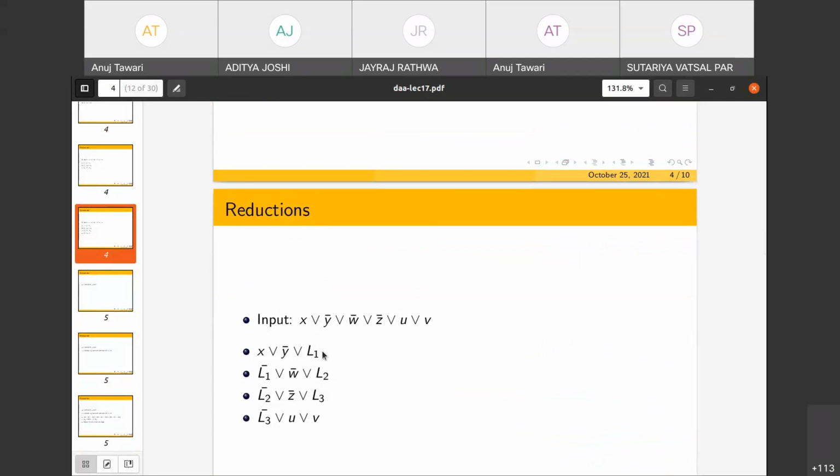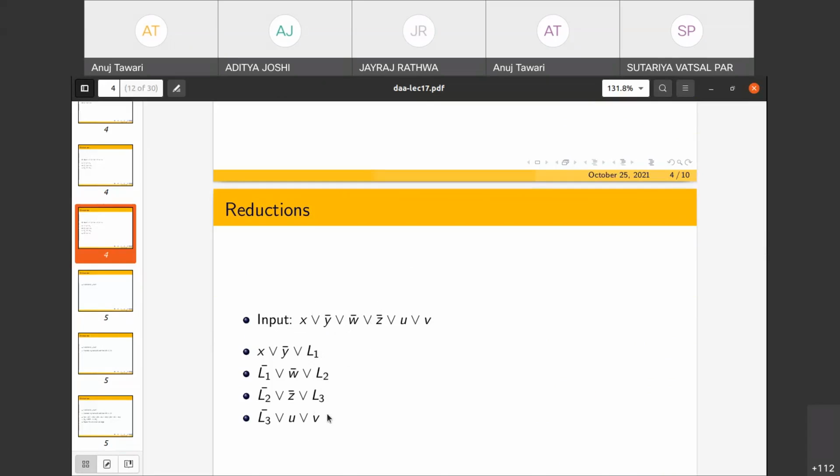Now if I ask you for 2 variables per clause, then it is very difficult to do that. Because you might be able to do something like x or L1 and L1 bar or y bar. But then the final formula which you will get won't satisfy the desired condition that if this formula is true, you can always make the resulting formula true.